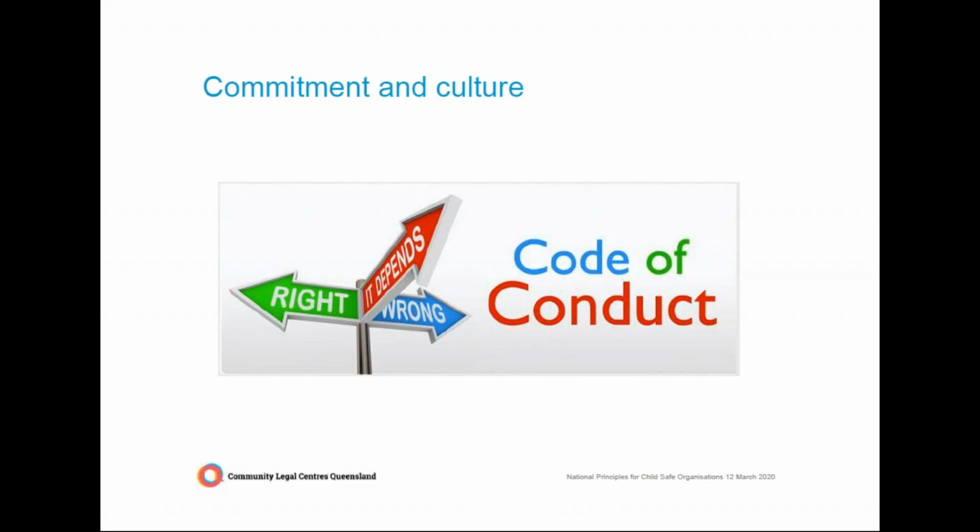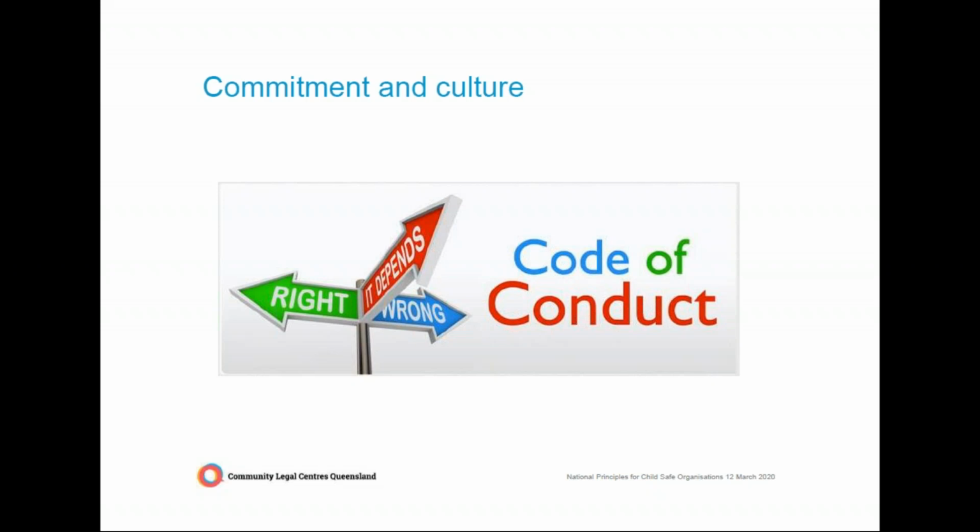This may be as simple as having a copy of the national principles or a service commitment to child safety displayed in a prominent place, accessible to young people and their families, or it could involve consulting families or young people who access services about issues of safety and child wellbeing, and providing an opportunity for them to give feedback or input into those issues.